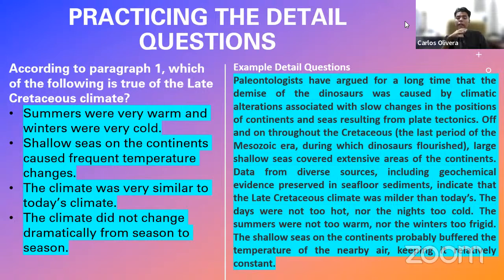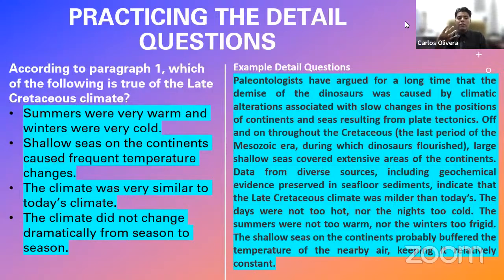In this case, I think the answer is easy to find in the last sentence of the paragraph, because it says that the shallow seas on the continents probably buffered the temperature of the nearby air, keeping it relatively constant. You could also find it in the previous sentence, which says that days were not too hot nor nights too cold, that the summers were not too warm nor the winters too frigid.